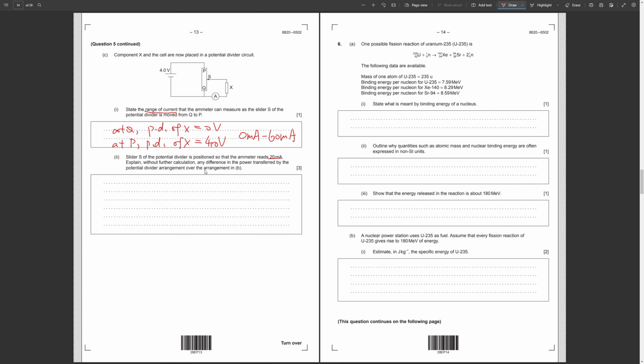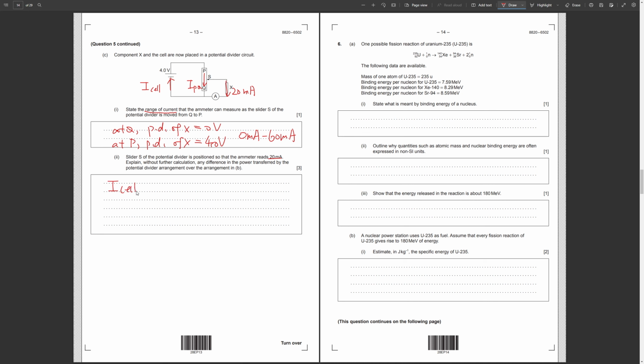Part 2, we are going to set the position of slider S such that the current running through X is 20 milliampere. At the same moment, there is a certain current passing through PQ, which is an unknown value. And what is the total current passing through your cell? The total current passing through your cell will be this one.